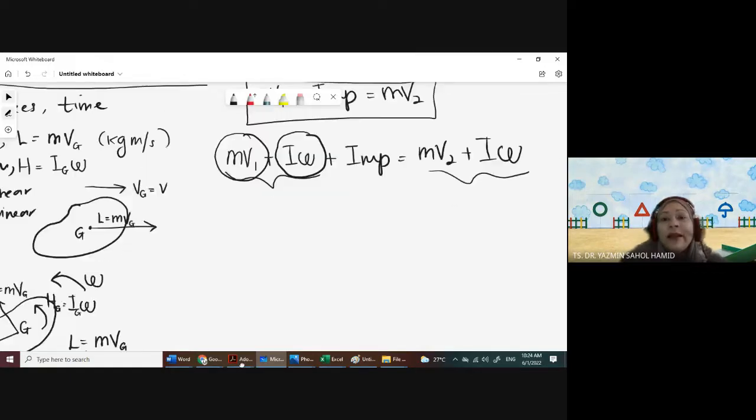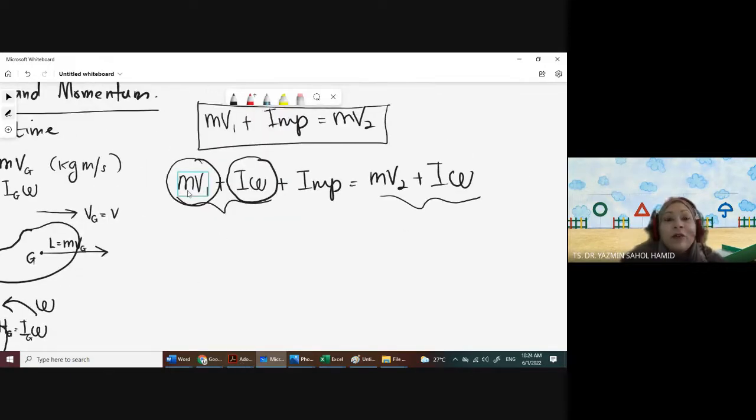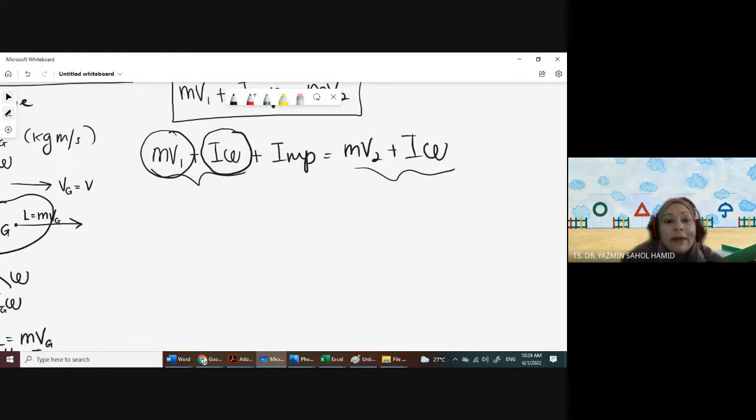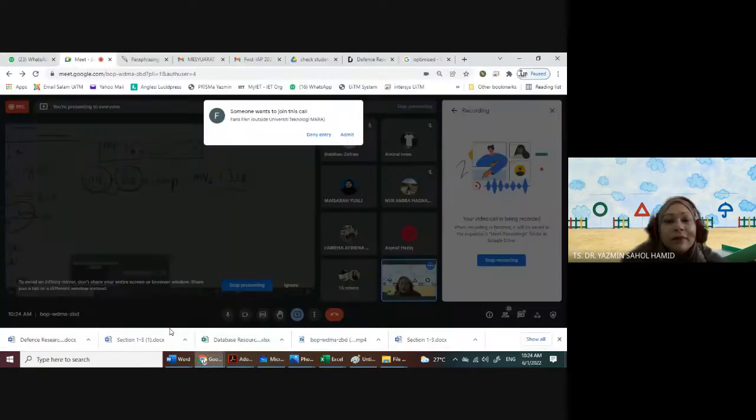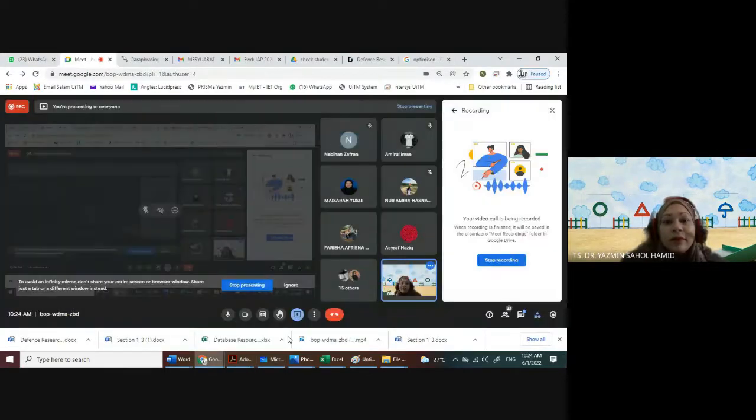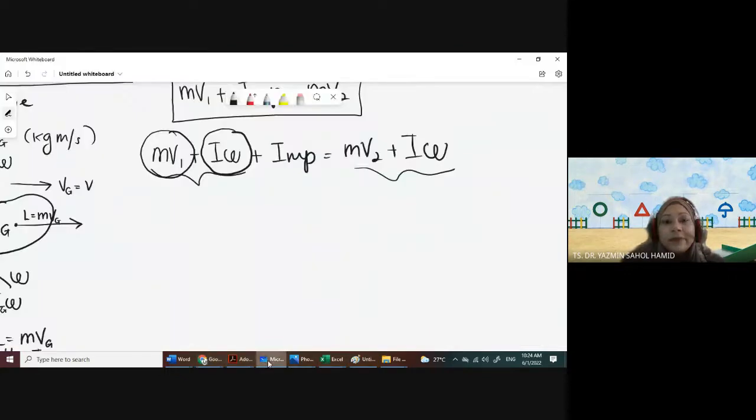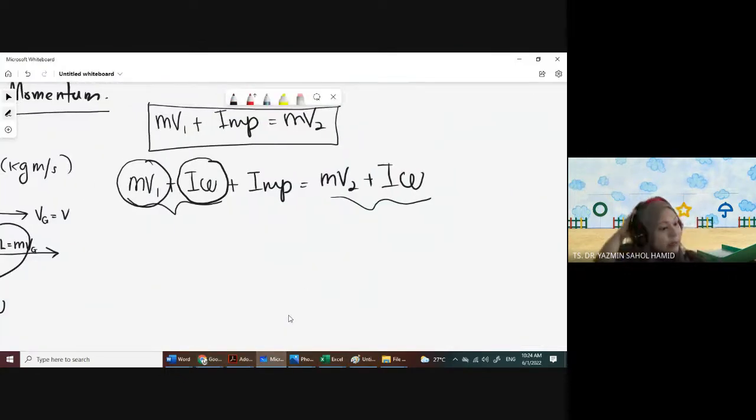I've told you before. So when it translates and rotates, you need to consider mv1 plus I omega. Are you okay, guys? Maybe when we start doing questions it will be clearer.